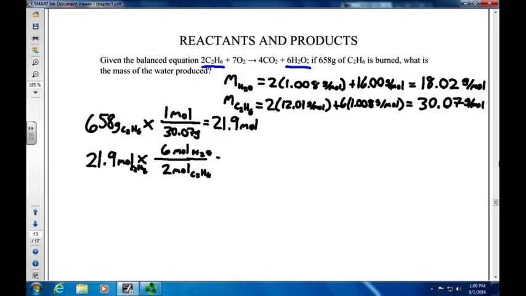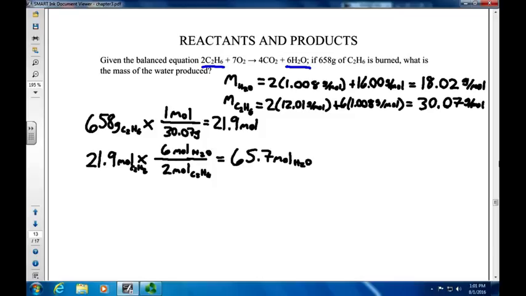This will get us the number of moles of water produced using however much ethane we have burned, which happens to be 65.7 moles of water, H2O.